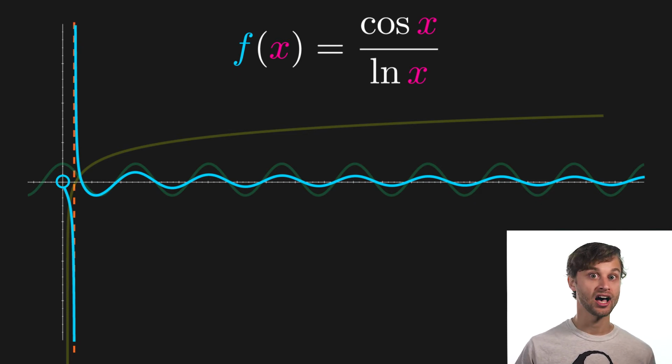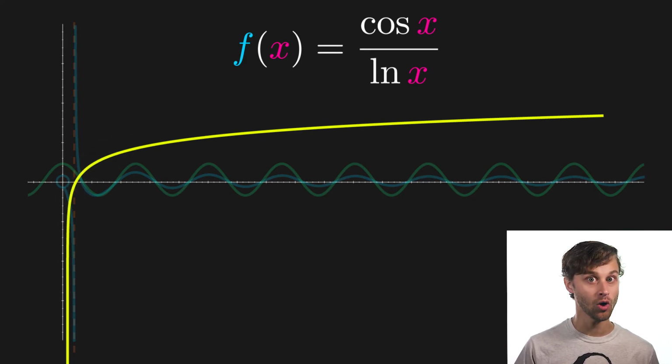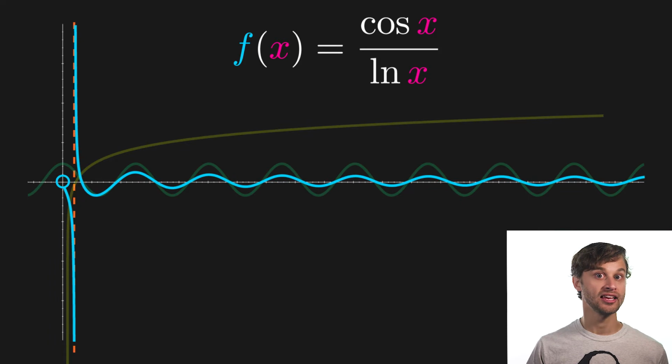And also, because the natural logarithm crosses the x-axis at the point x is equal to 1, we would expect the combined function to have odd-like symmetry across that vertical asymptote boundary, as opposed to even symmetry, which would occur if the natural log bounced off the x-axis at that point.